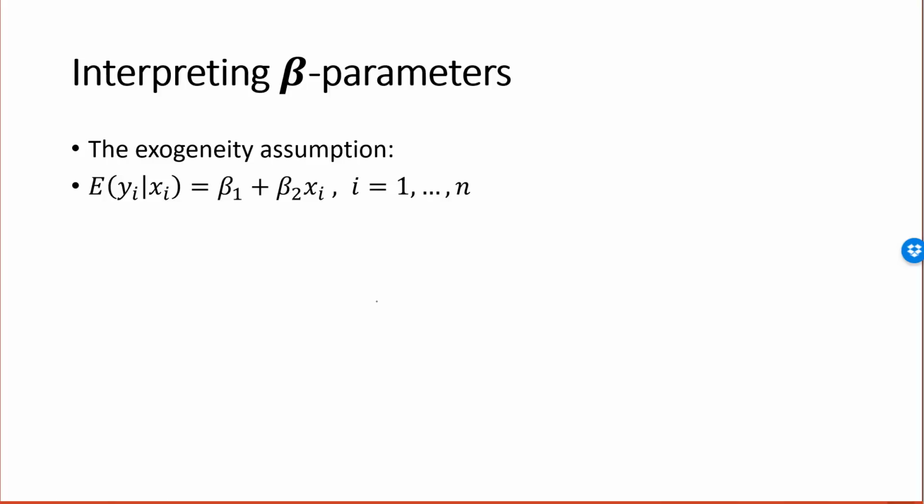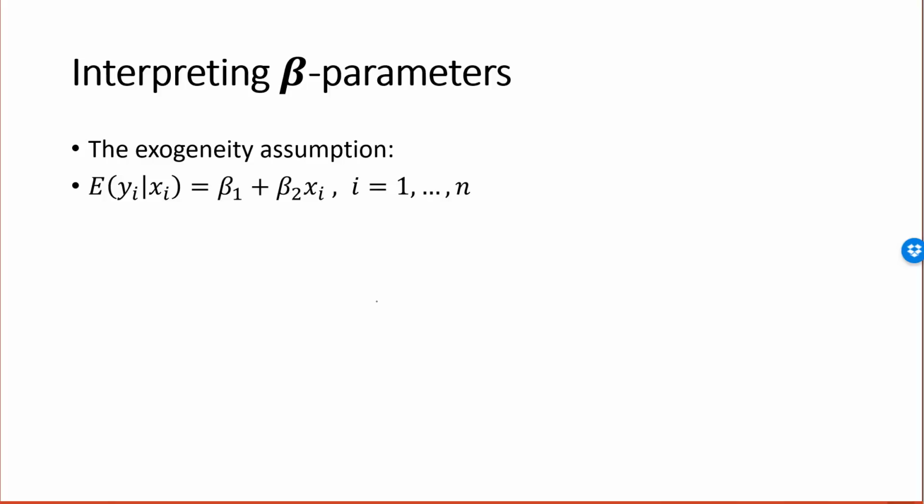But we really think that this will be true for an arbitrary value of yi and xi. That is, if I look at another student which is not in my sample, then I would still think it's true that the expected value of the exam result, given the number of hours studied, is exactly the same linear relationship. So we typically extend this view to go beyond our sample.